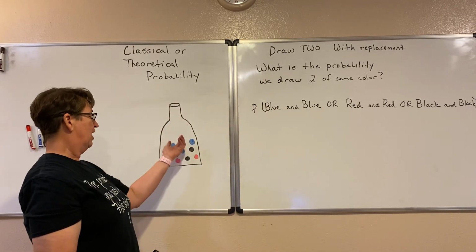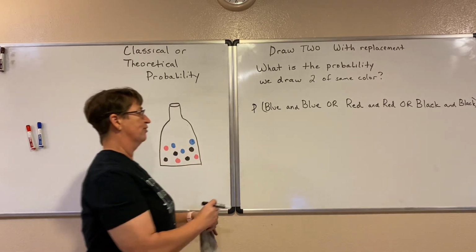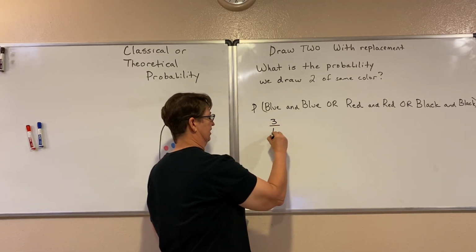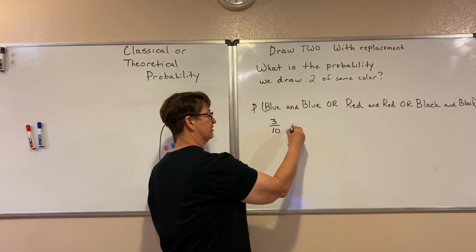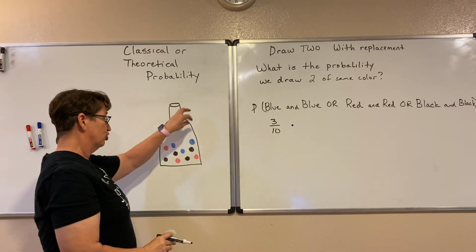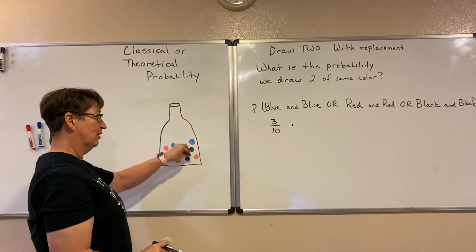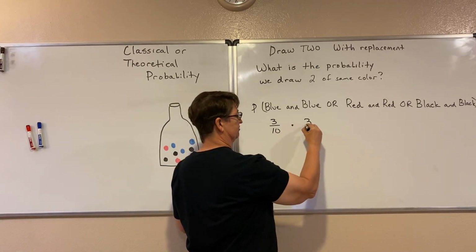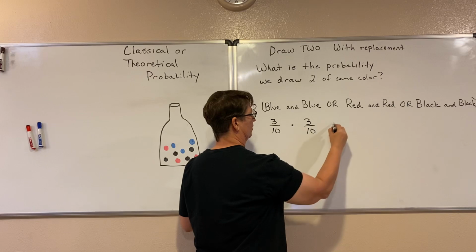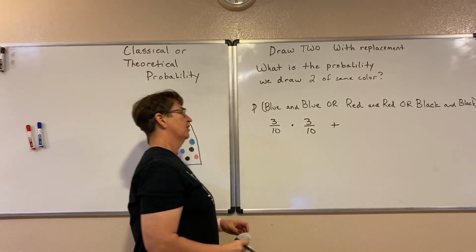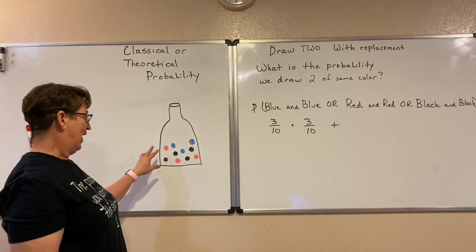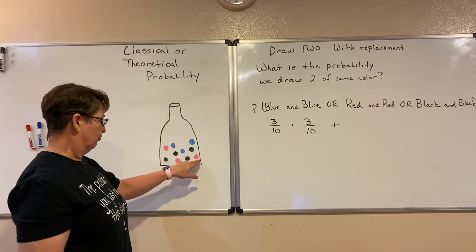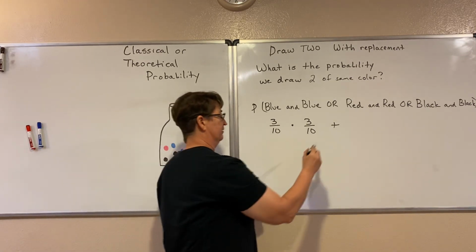Well, the probability I get a blue on the first one is 3 out of 10. "And" tells me to multiply. I put the blue back in, so I still have 3 blues in there and 10 total. So my probability is still 3 out of 10. Or, the probability I get a red is again 3 out of 10.